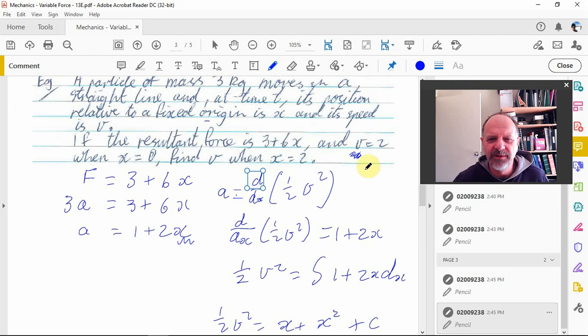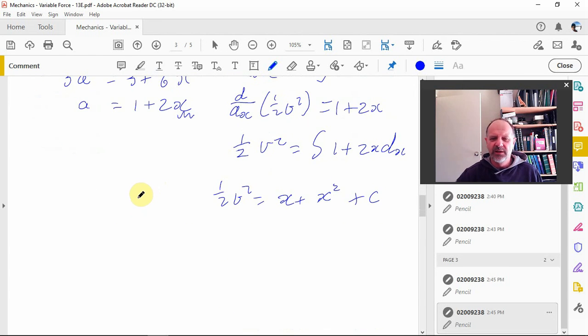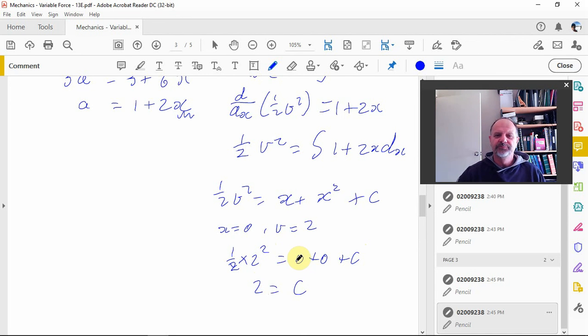Now we were given some information: v equals 2 when x equals 0. So a half times 2 squared equals 0 plus 0 plus c. 2 squared is 4, half of that is 2, so c is 2.